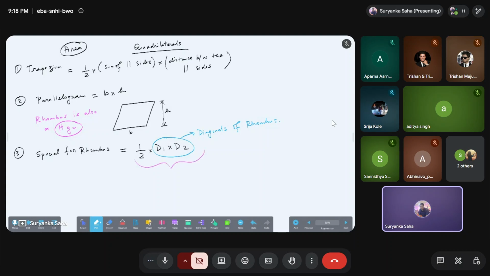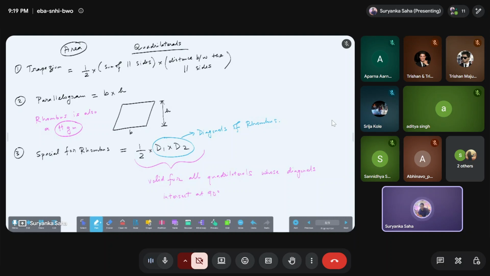This formula is valid for all quadrilaterals whose diagonals intersect at 90 degrees.